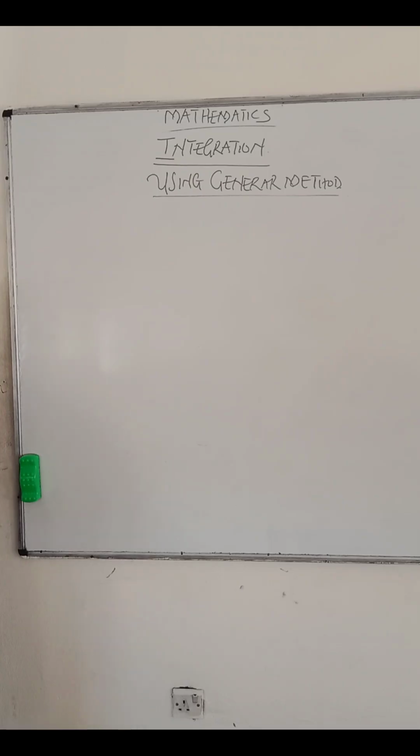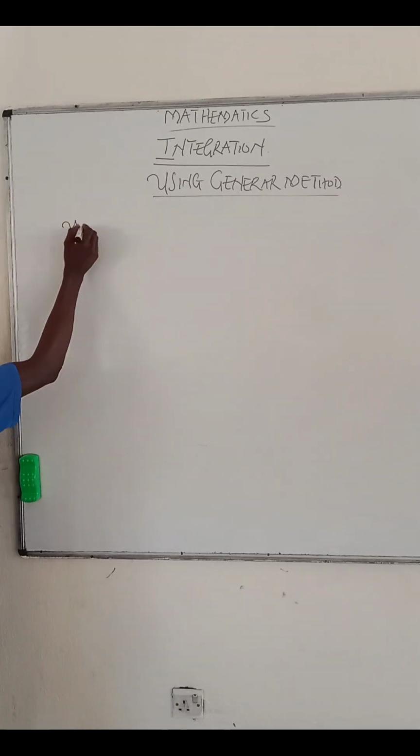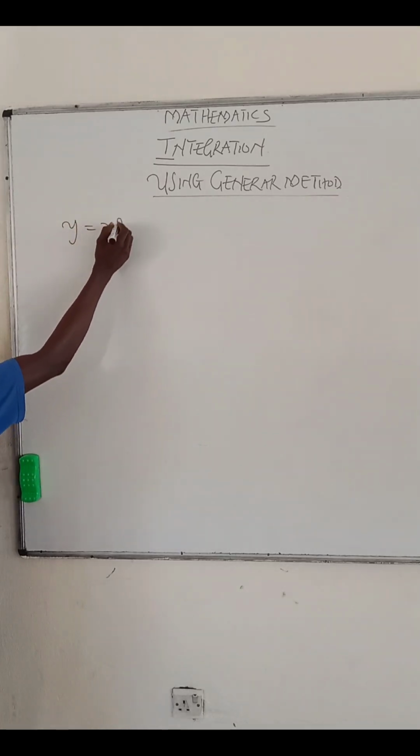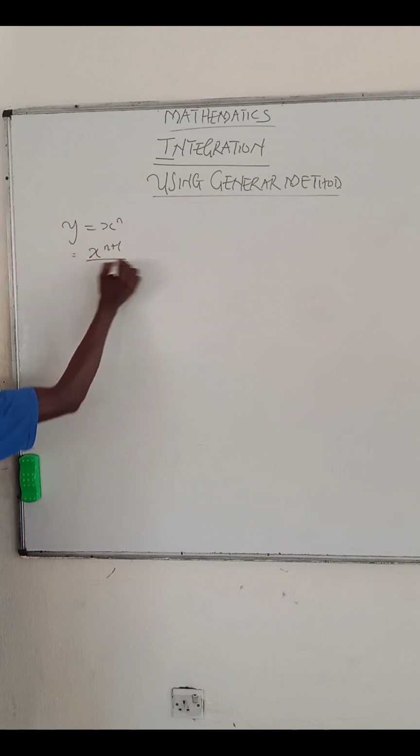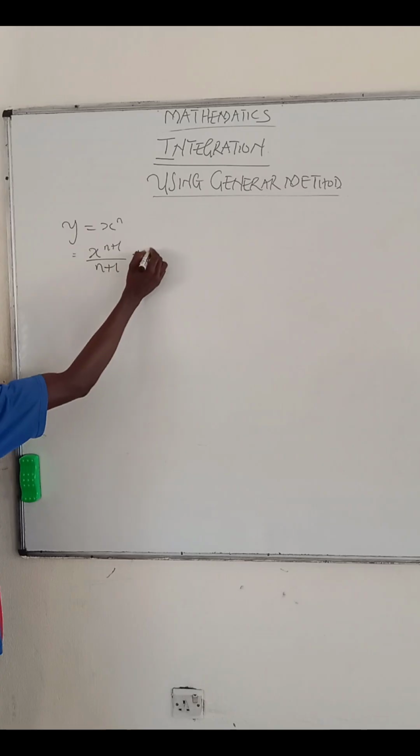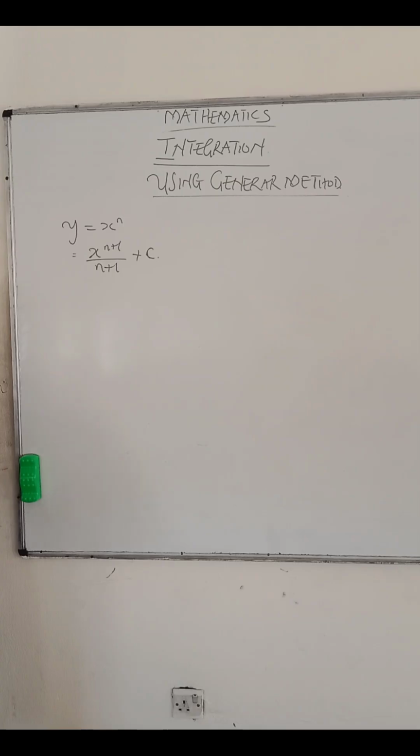So now, just understand that whenever you want to integrate, when you have y is equal to x raised to power n, it's going to be x raised to power n plus 1 over n plus 1 plus constant, which is c. That's the idea about integration. In differentiation it is minus, but in integration it is a plus.